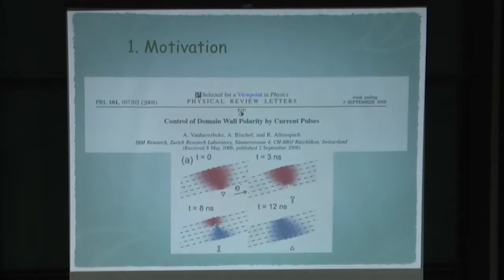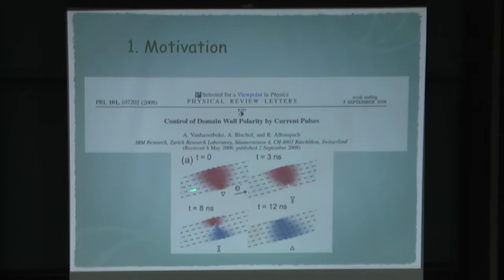Kinks, another motivation. This is a paper by people working at the IBM Zurich laboratory. This is at the nanoscale. They call it a domain wall, but it's a kink. A kink is a domain wall immersed in a larger dimension.